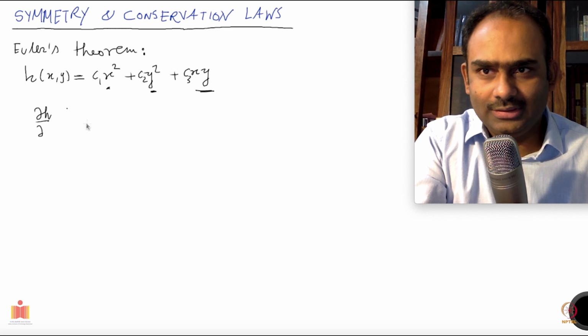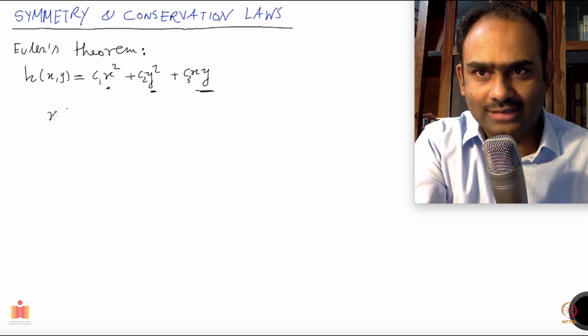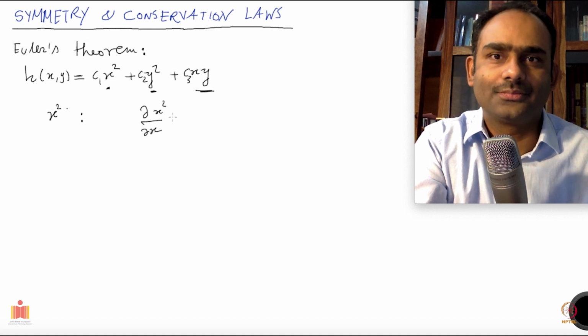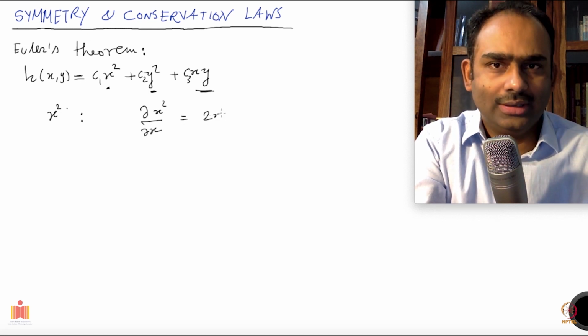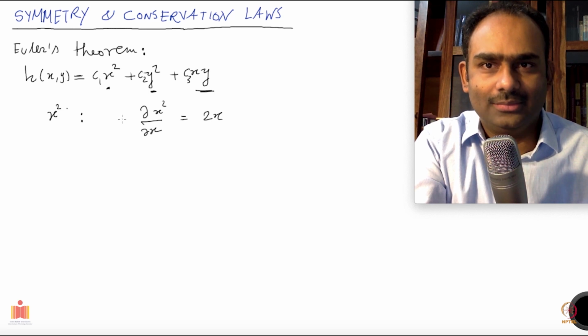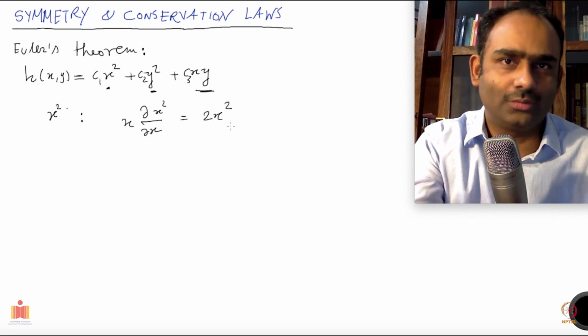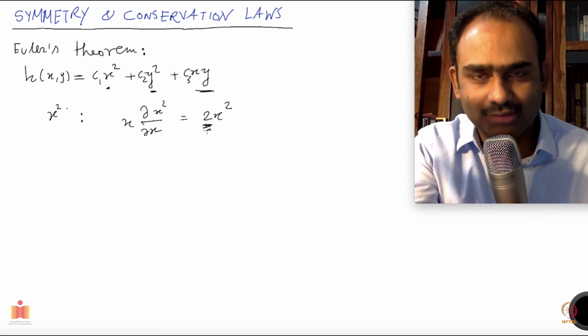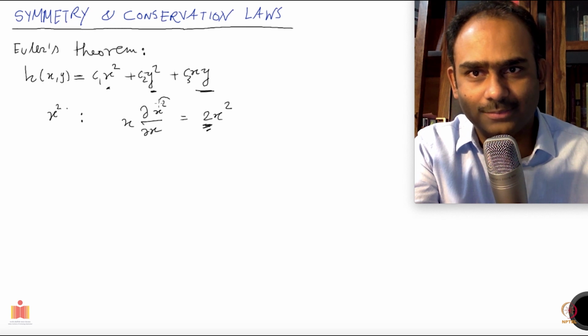So let's say we take x square. What I'm saying is del x square over del x is 2x, but if you multiply with x again, you get 2x square, which is what you had originally, except for this factor of 2. And this factor 2 you have got because of the 2 here.